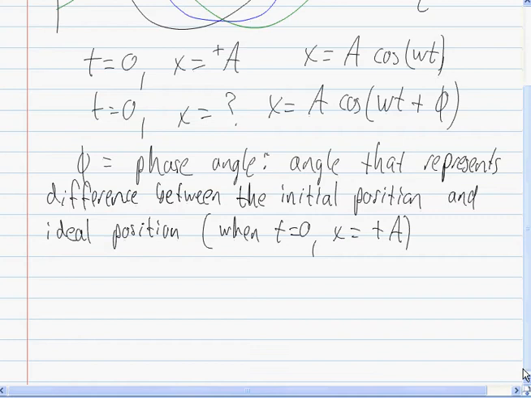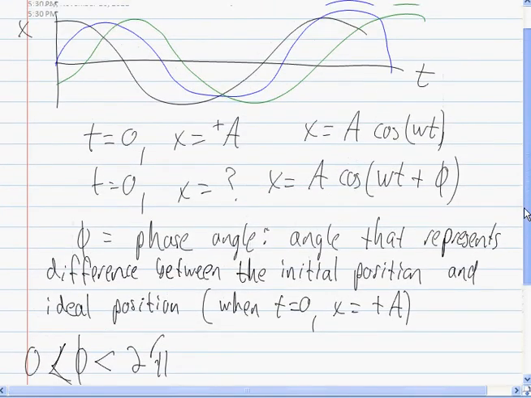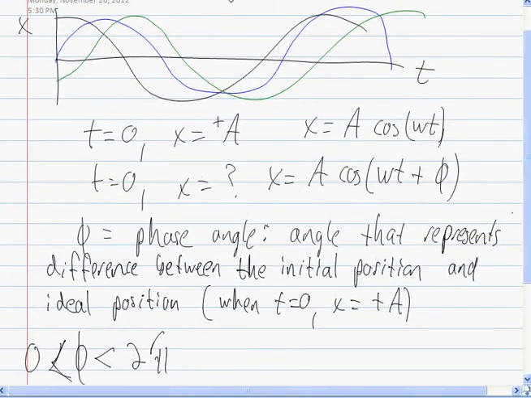And again, these angles are going to be between 0 and 2 pi. Hopefully it won't be 2 pi. So all it does is tell us how far into the cycle we actually are.